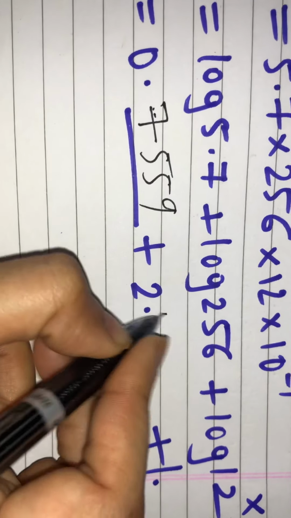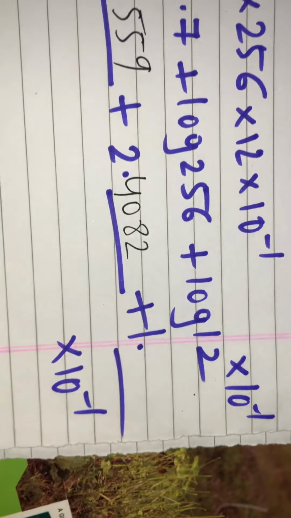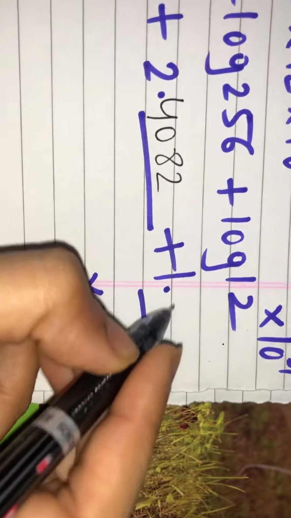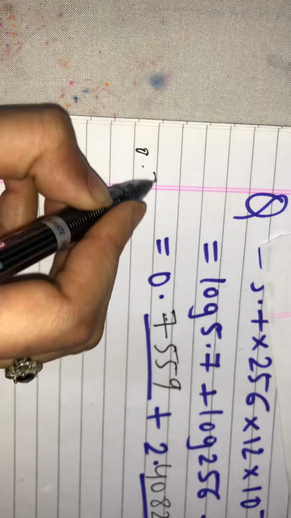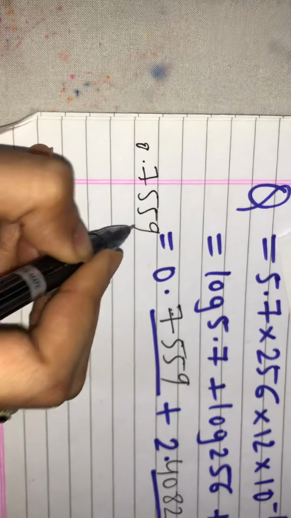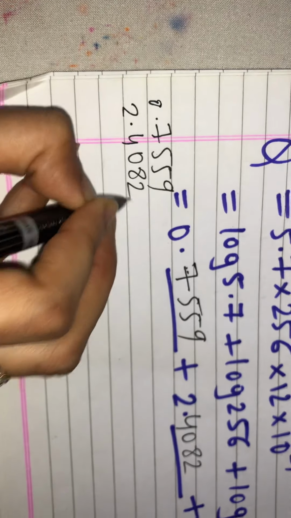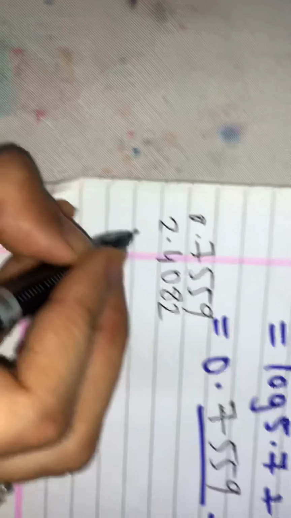It is 4082. Then for 12 the log is 0792. We will add these 3 digits. 0.7559 plus 2.4082 plus 1.0792.